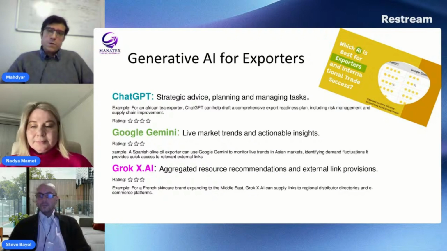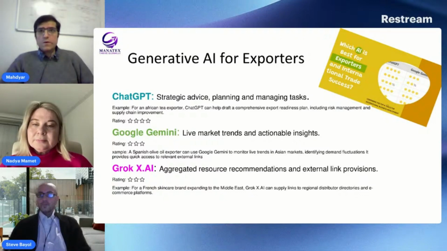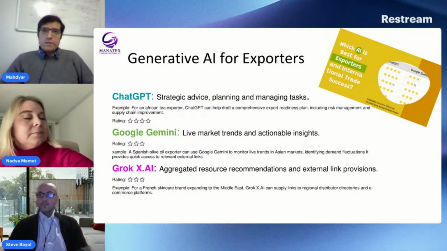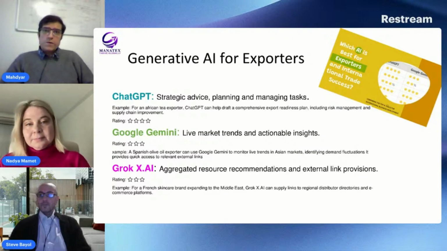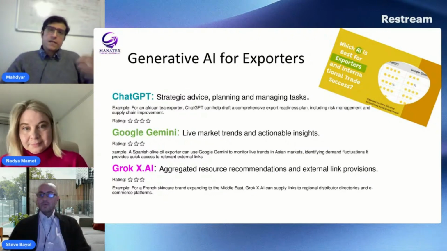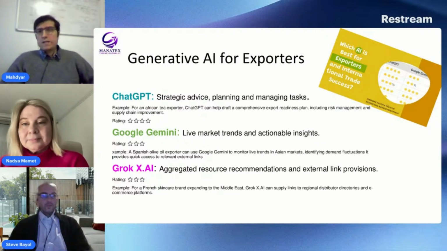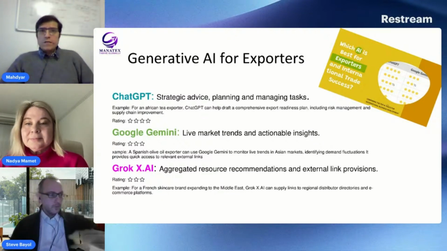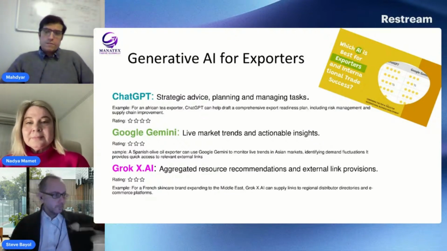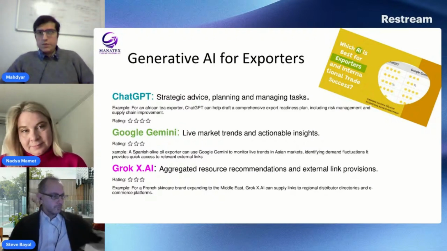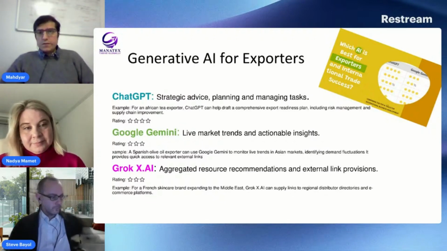So Google Gemini might provide a better answer for you if you are, for example, exporting organic olive oil to the Asian market, and you would like to learn if organic is still on trend in Asia. You might use Google Gemini, probably the paid version, to give you better advice and live market trends.